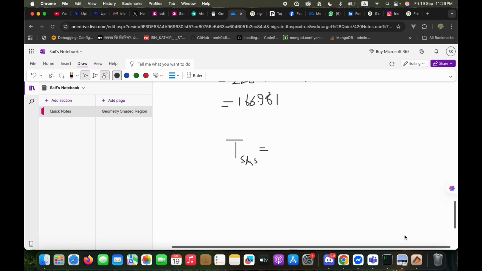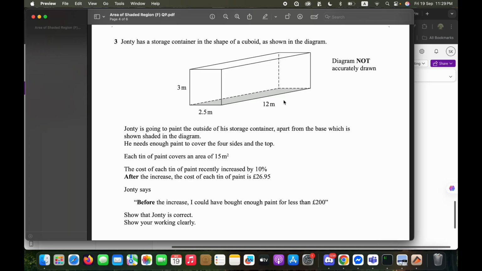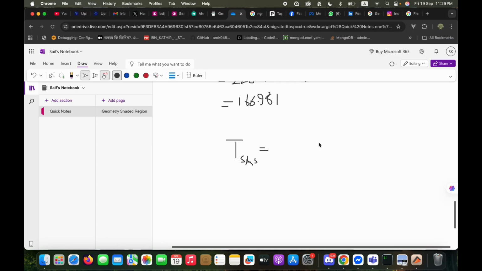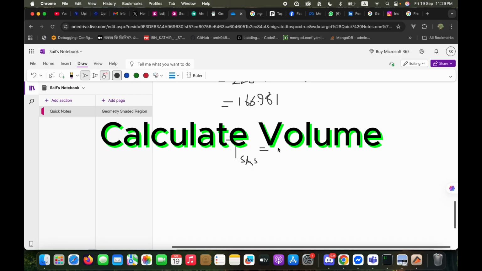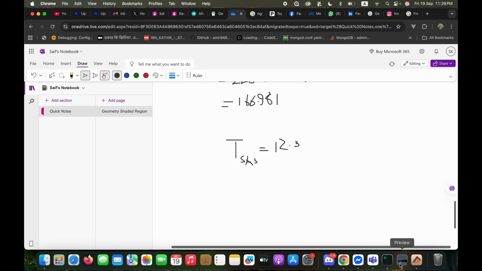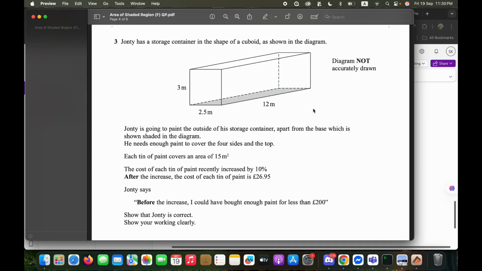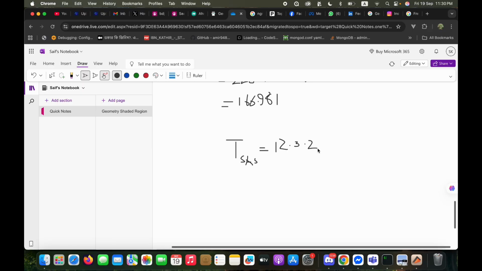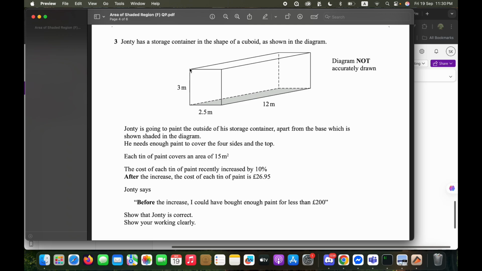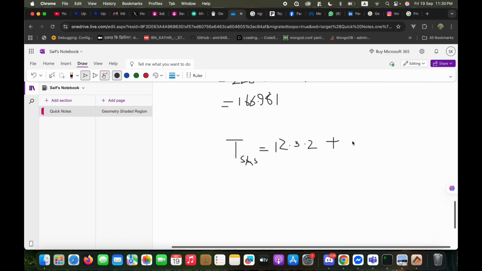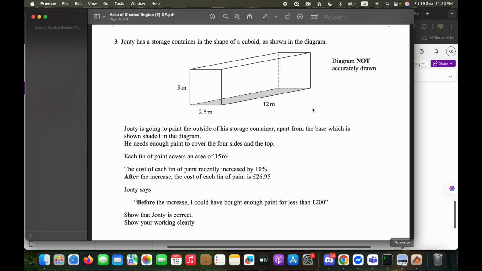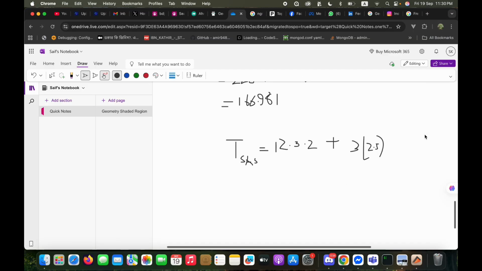This rectangle has a length of 12 and a width of 3, and this rectangle is also the same, so I multiply it by 2. Then I add this rectangle, which has a length of 3 and a width of 2.5, and the back side is also the same, so I multiply it by 2.